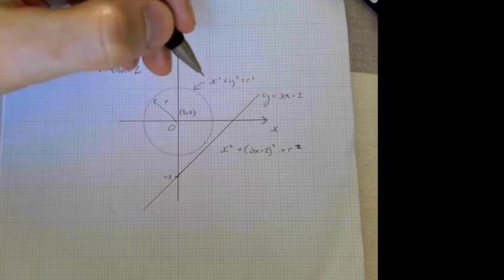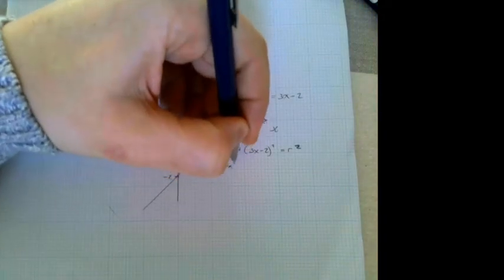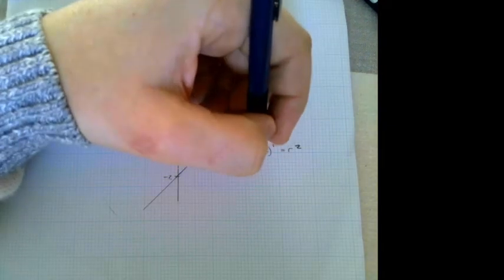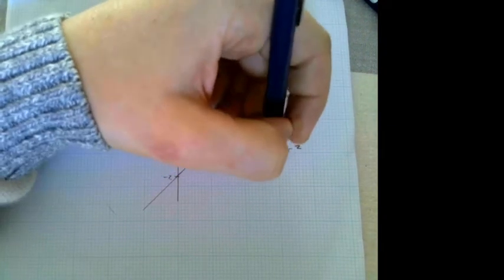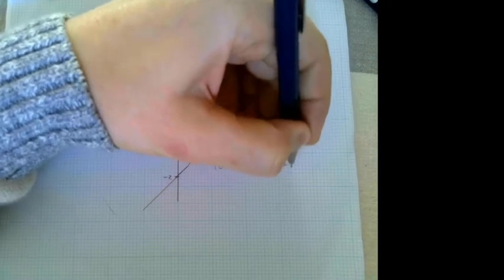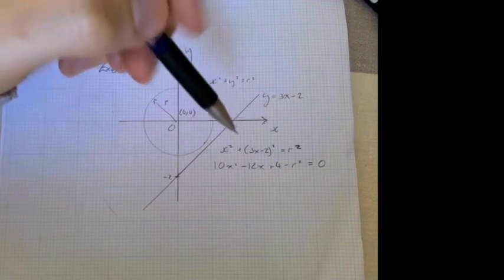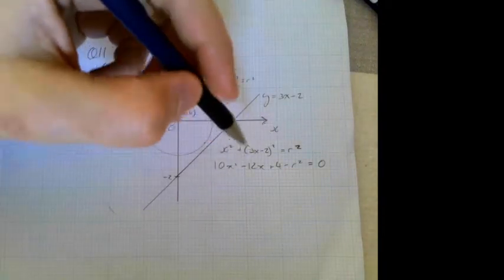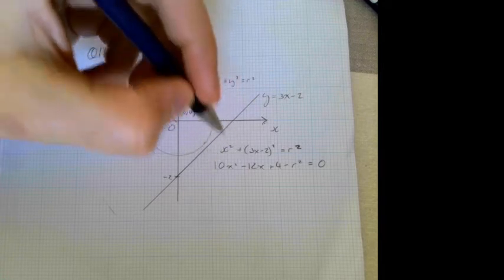If we work through that, we get to the point where 10x squared minus 12x plus 4 minus r squared is equal to 0, and we've got a quadratic that we can take the discriminant of.